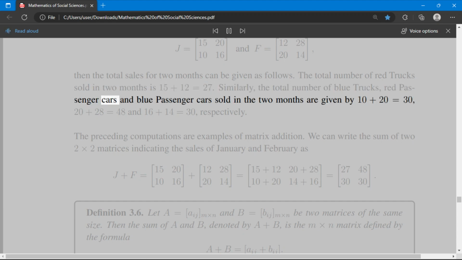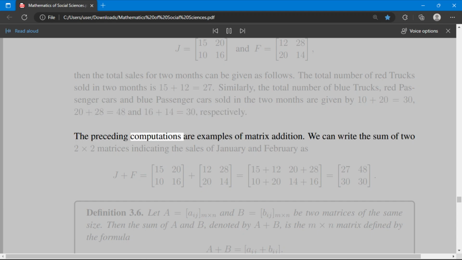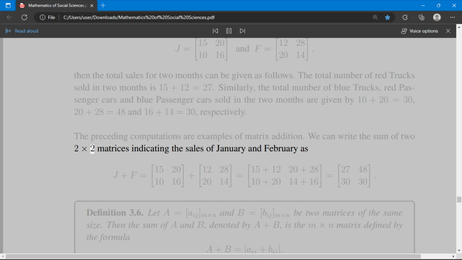Similarly, the total number of blue trucks, red passenger cars and blue passenger cars sold in the 2 months are given by 10 plus 20 equals 30, 20 plus 28 equals 48 and 16 plus 14 equals 30, respectively. The preceding computations are examples of matrix addition.